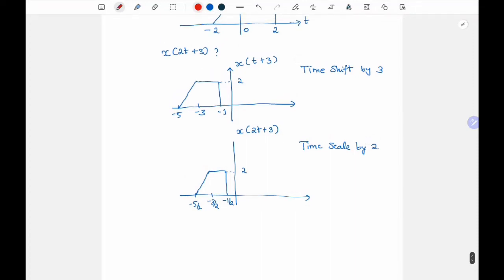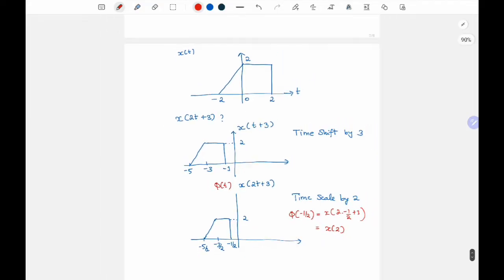Now you can also check. So I'll take some t as minus 1 by 2, right? I'll call it phi of t. So I want phi of minus 1 by 2. So what will it be? x of 2 into minus 1 by 2 plus 3. So this is minus 1 plus 3, which will be x of 2.